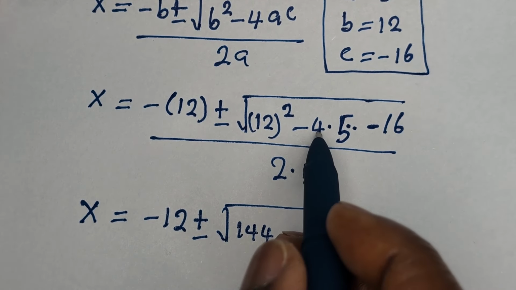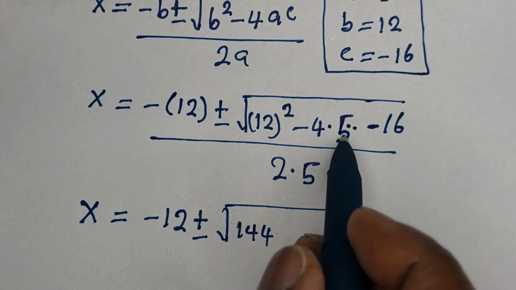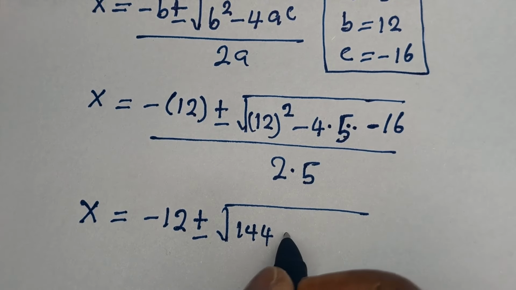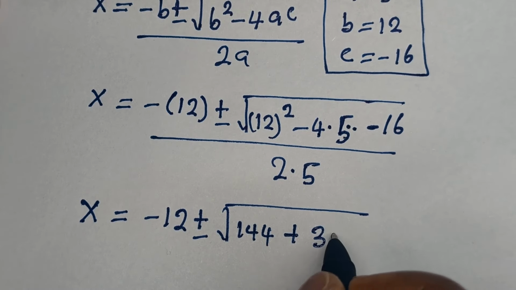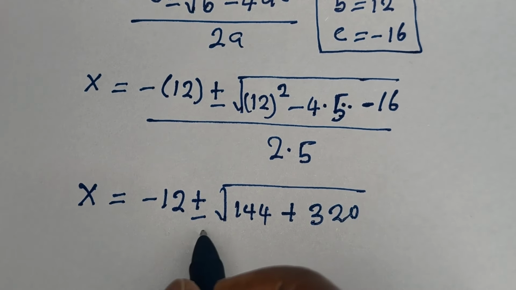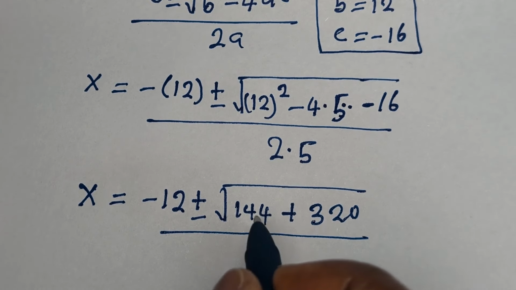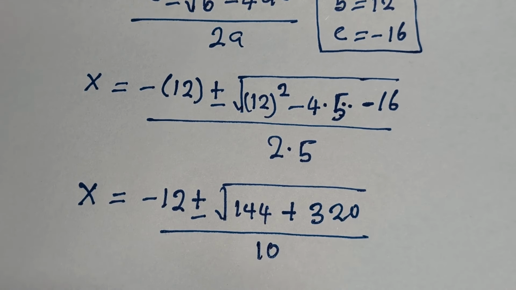Then minus 4 multiplied by 5, that is 20, multiplied by minus 16, that will be plus 320, over 2 multiplied by 5, that is 10.